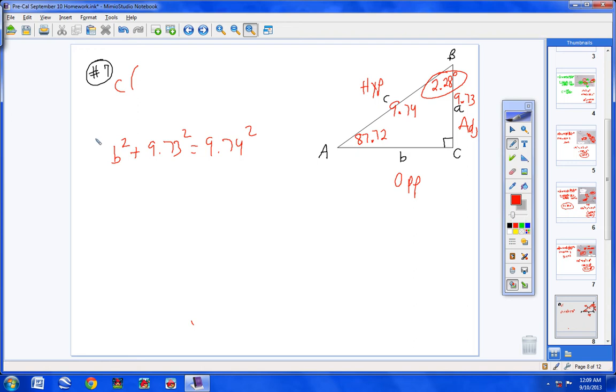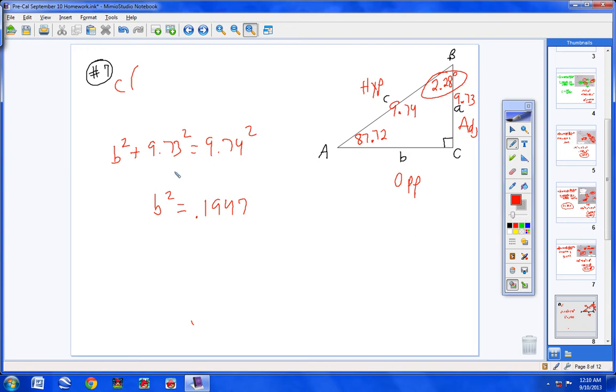9.74 squared minus 9.73 squared. I'm getting 0.1947, so b squared equals 0.1947, and now take the square root of that, and you will get 0.44.